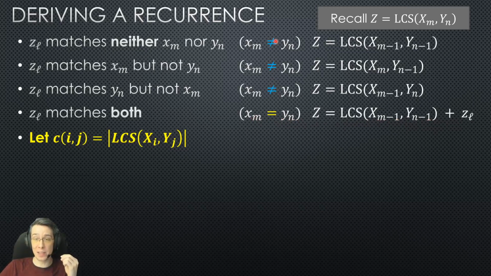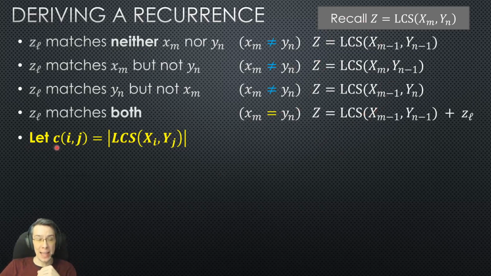For the rest of these 3 expressions, x_m is different from y_n, and there's no such constraint. It's perfectly safe to include these in the max expression. The LCS we're looking for will be the max of all 3 of these, and if x_m is equal to y_n, it'll be the max of all 4 of these.